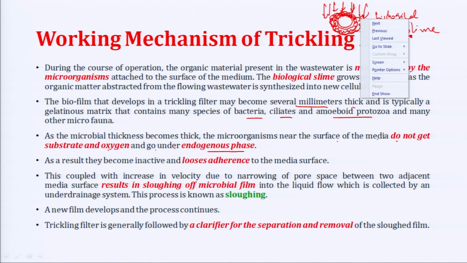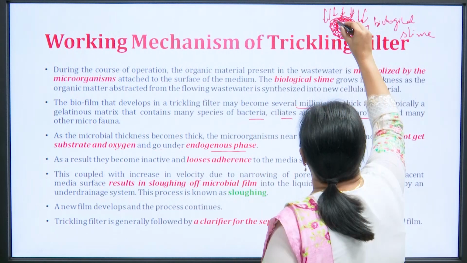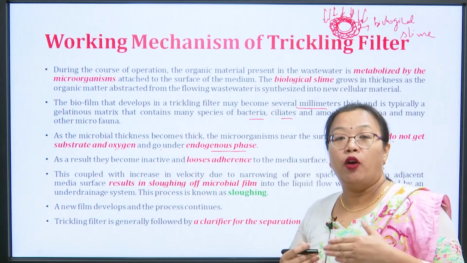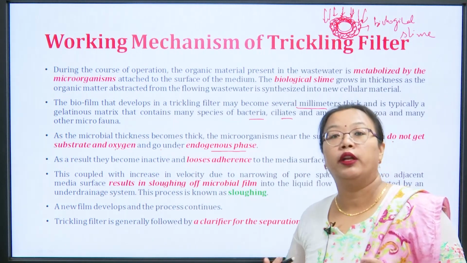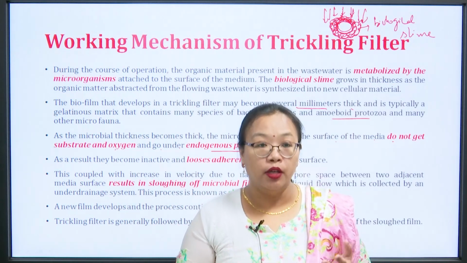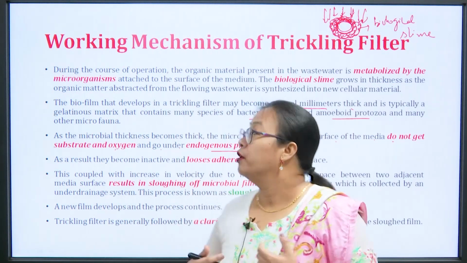Then what will happen? Those next to the filtering media, which is the thing they are attached to, are not going to get food. If you do not get food, what happens? You die, you are not able to work, right.